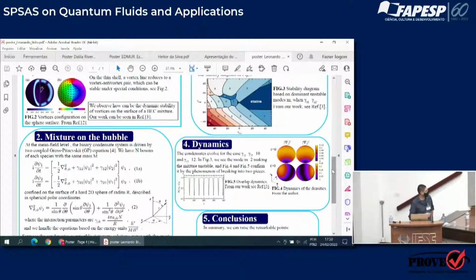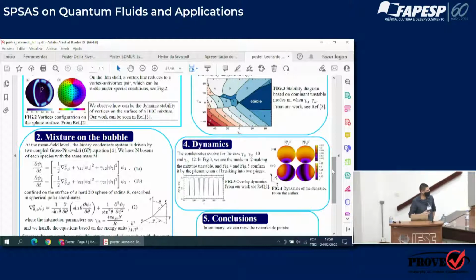And we find in the stability diagram that a specific angular mode makes the system unstable, and we can check our result when we see the system being broken by this mode. In figure 4, we see a case where the azimuthal mode equal to 2 breaks the system in 2 pieces.